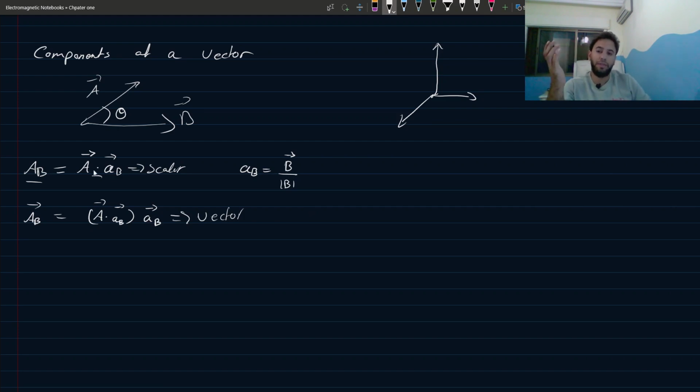So we have A dot the unit vector of B, and that will give us the component of A along B. And if we want to make the component along the vector B a vector, we just multiply it by the unit vector again.